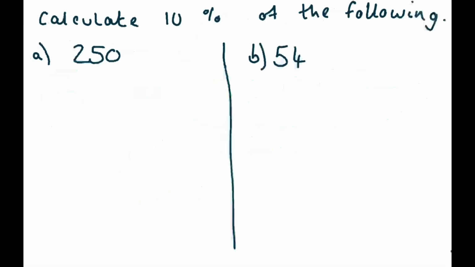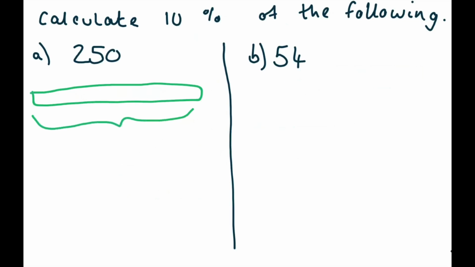So here we've got find 10% of 250. So I'm going to draw my bar. My bar represents 250. And I'm going to split that into 10. So I'm going to do 250 divided by 10, because that's how I find out what each box is worth.